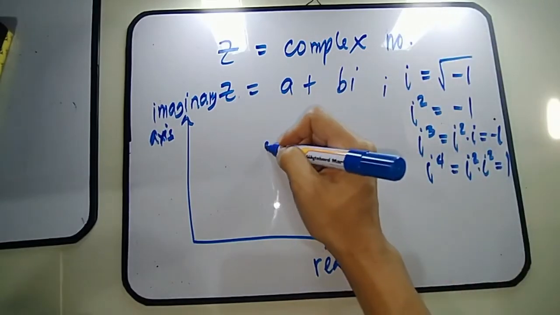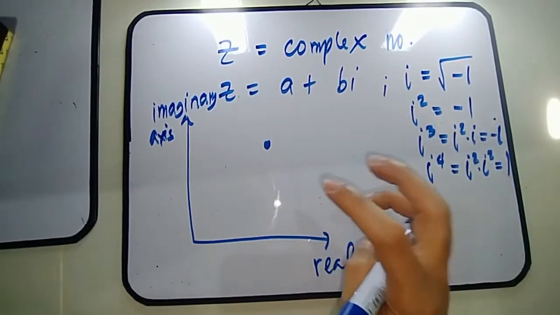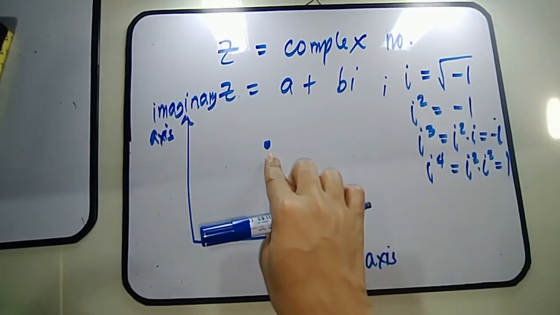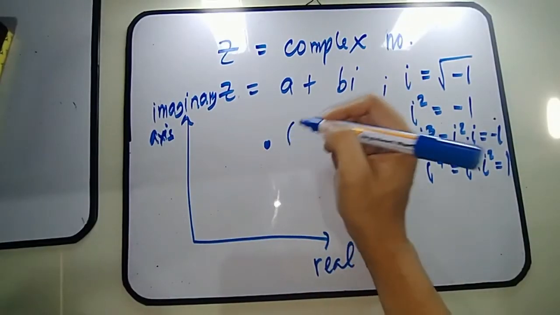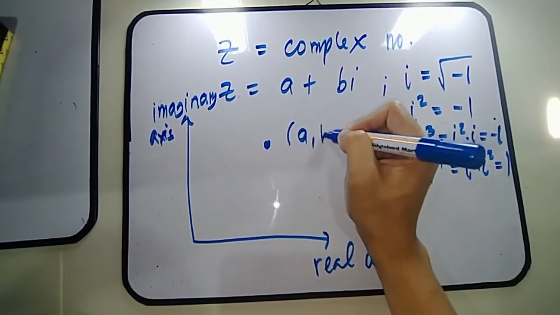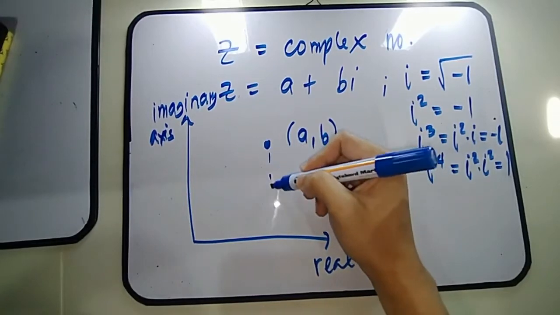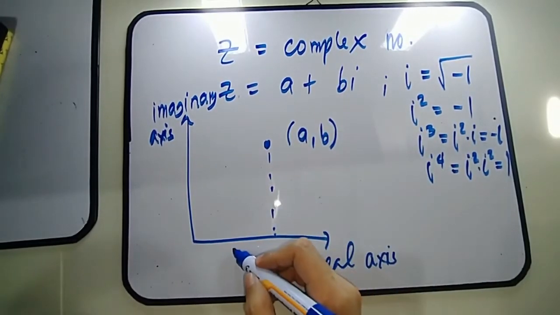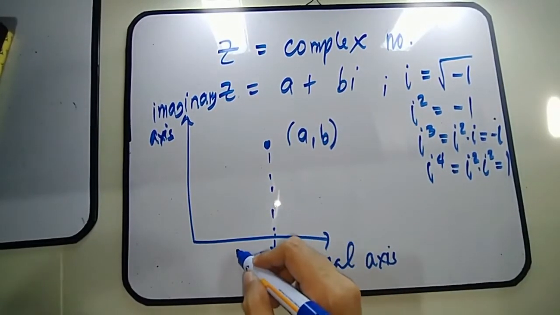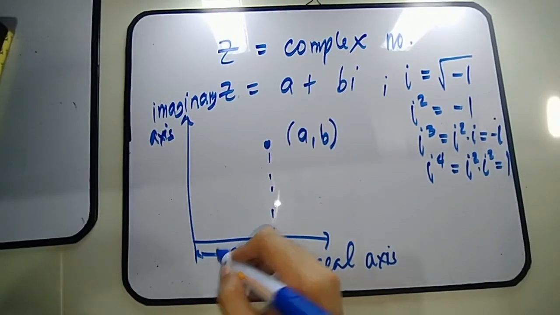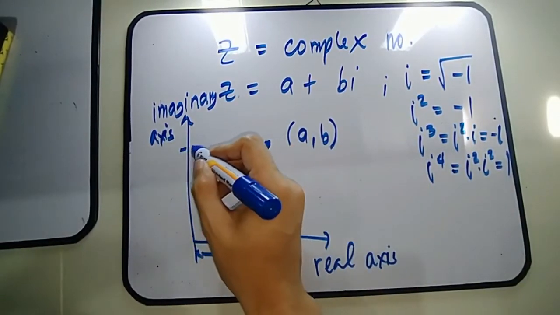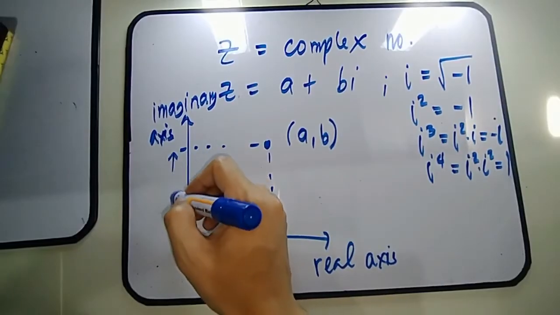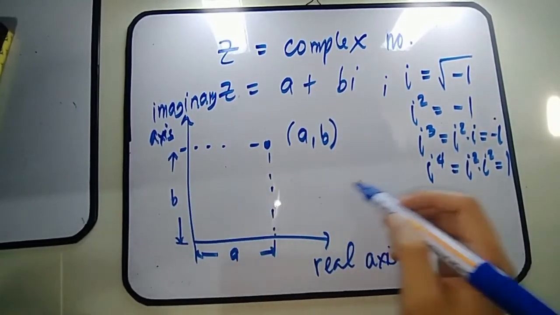A point in your Argand diagram or complex plane is your complex number. The coordinate of the complex number is (A, B). Therefore, this distance here is A, the x component, and this distance is B, the y component.